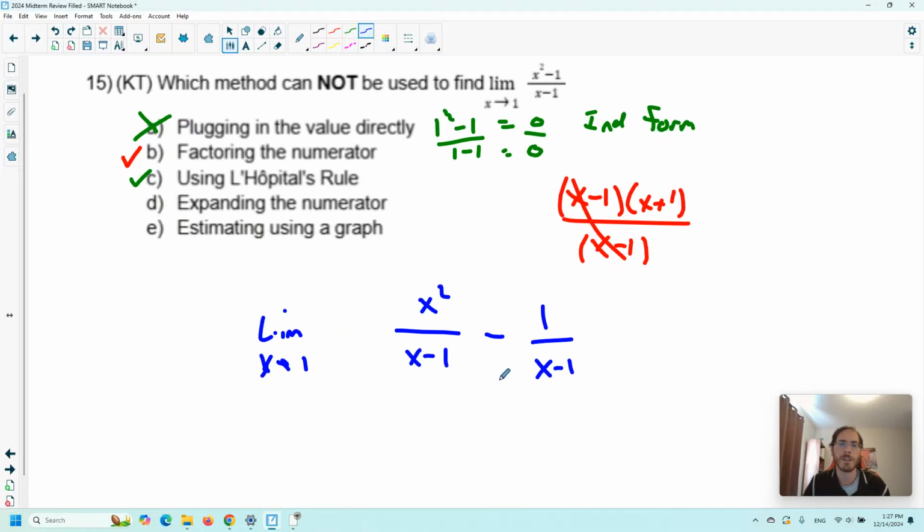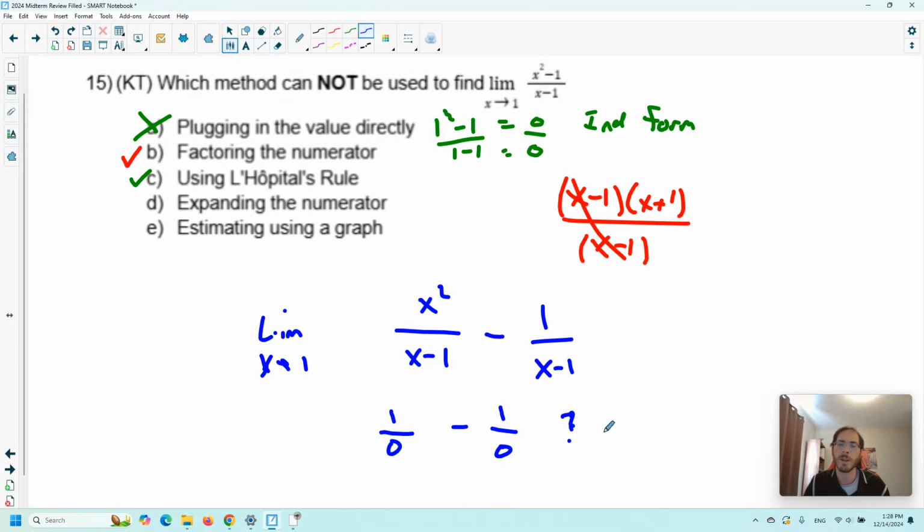If we plug 1 in, this is going to be 1 over 0, and on this one, we're going to get 1 over 0. So we get somewhere, but we don't get a final answer. This is still indeterminate form, because we get two infinities. So this means we can't really go from here.